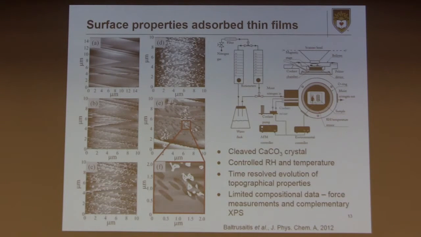Yours truly did a lot of work in there, but I tried to go to high relative humidity, which is very difficult. So I monitored change of a cleaved calcite sample at high relative humidity as a function of time, and then get some ion mobility, calculate some movement values.